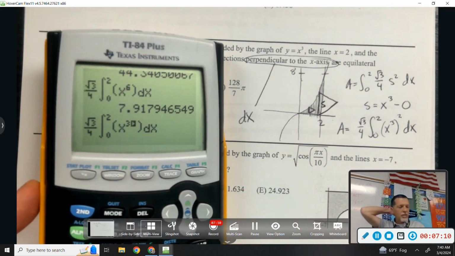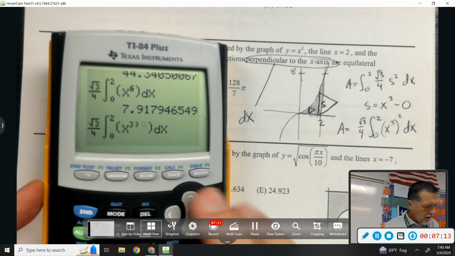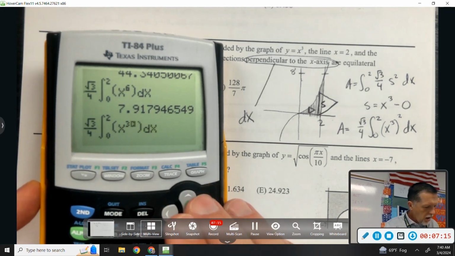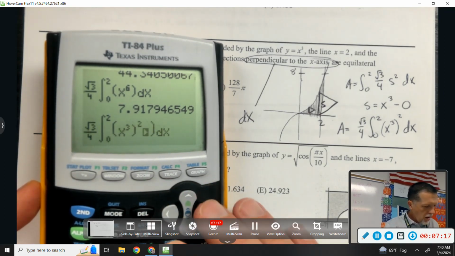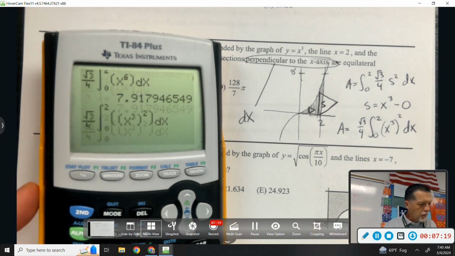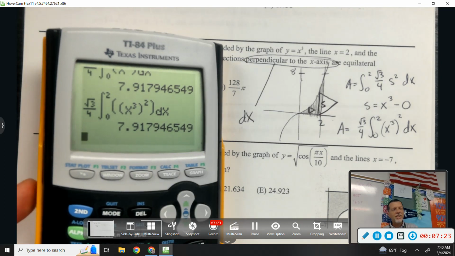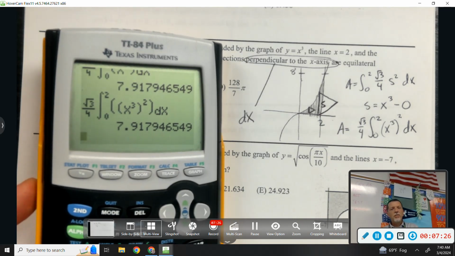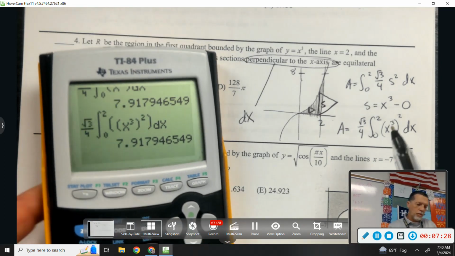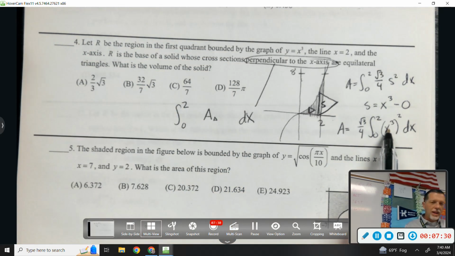I bet that's what it did, and so that was probably x to the 9th. Let's see if that gives me a better answer. Yeah, there we go. So that was dangerous. I'm glad I checked it. So make sure you're squaring x cubed, or just do it by hand and get x to the 6th.